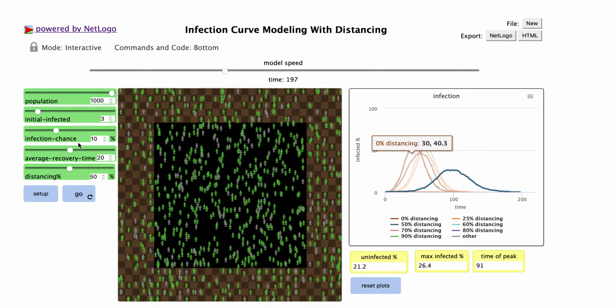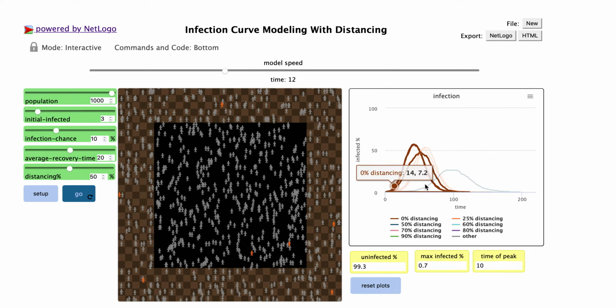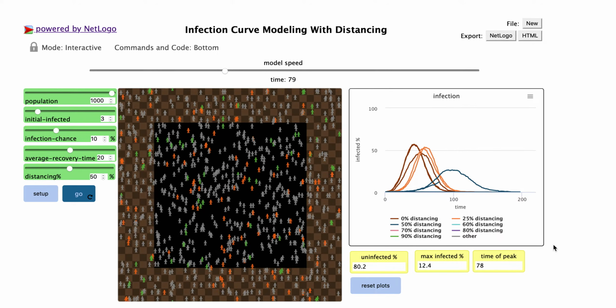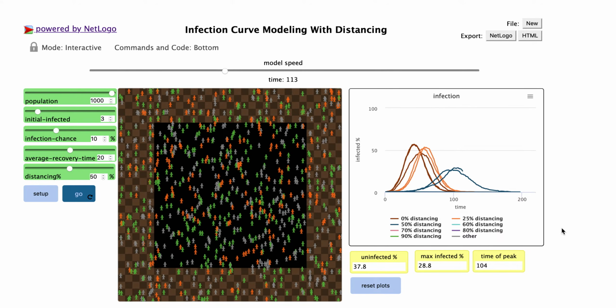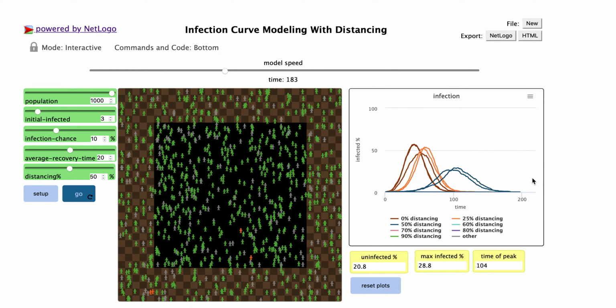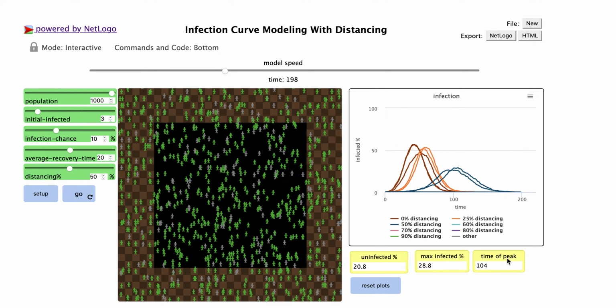Okay, so here's our 50% distancing curve. I'll run that one more time as well. Here we're starting to see considerable flattening. So when you hear people talking about flattening the curve, this is what they're talking about. The peak is both lower and happens at a later time than our 0 and 25% cases.